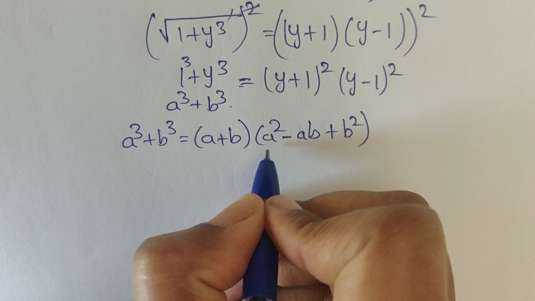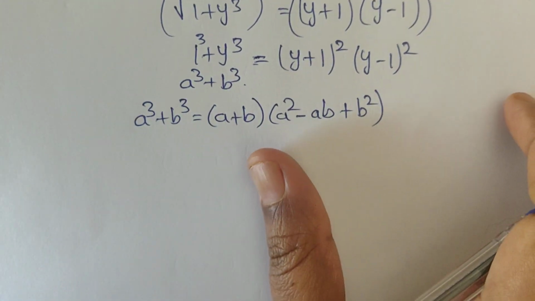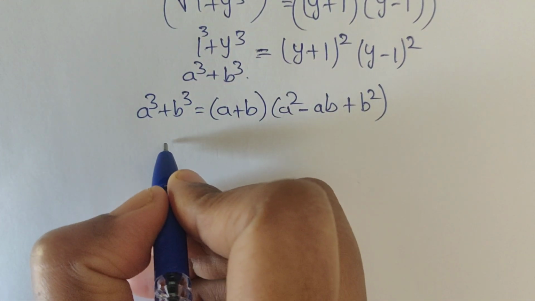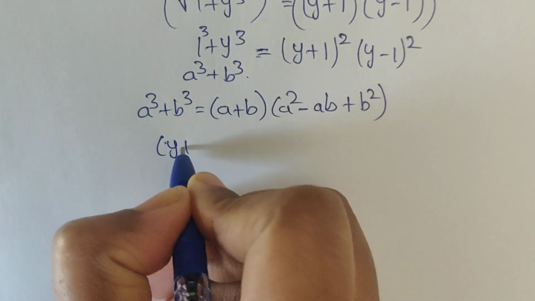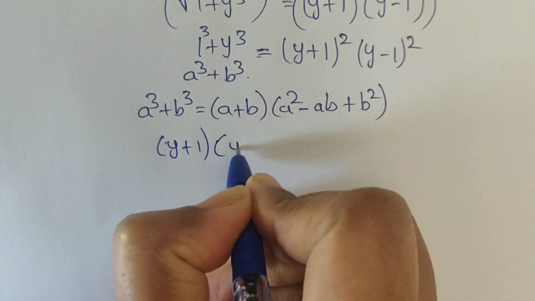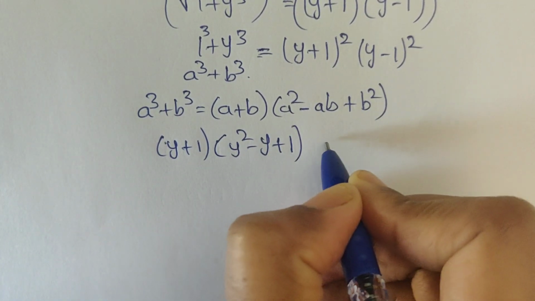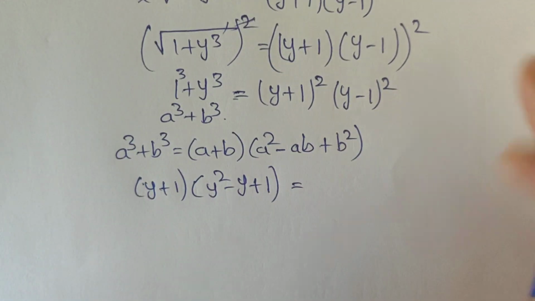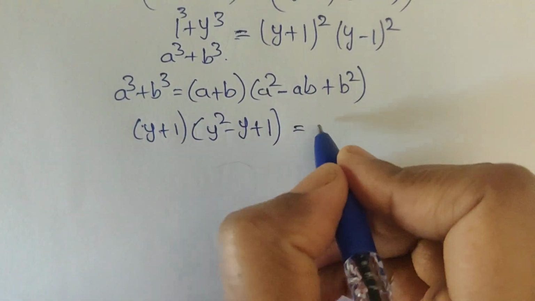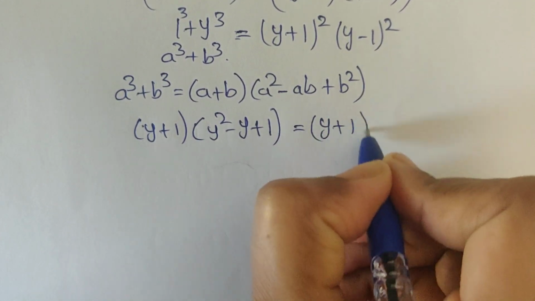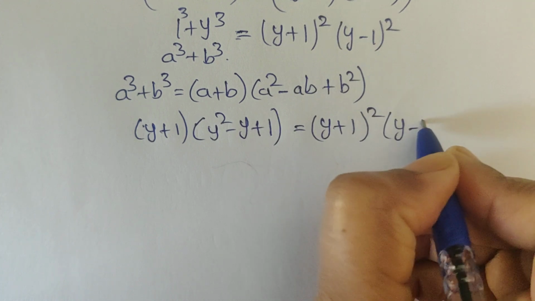So use this formula. Here we can write y plus 1 times y square minus y plus 1 is equal to, write this term, y plus 1 whole square times y minus 1 whole square.